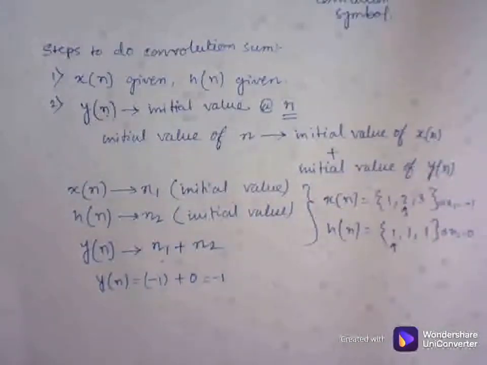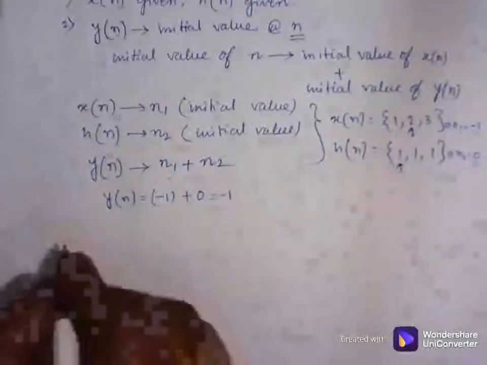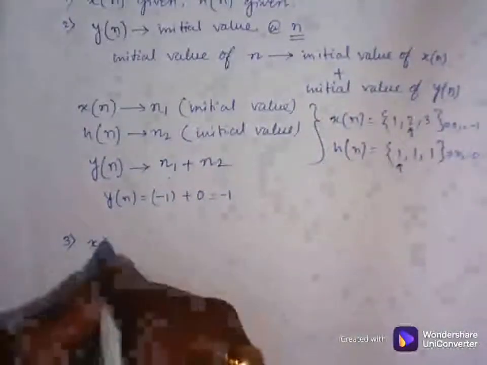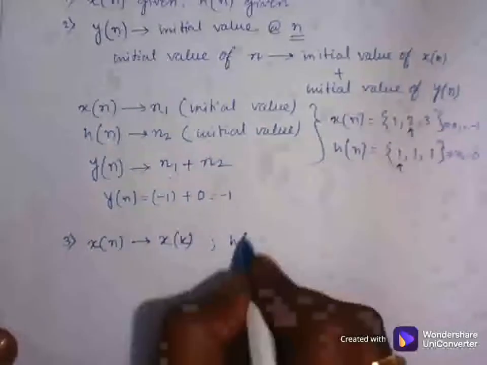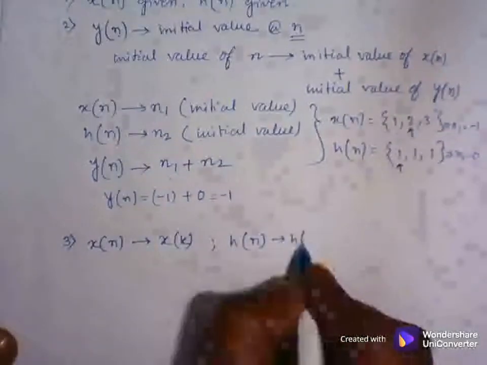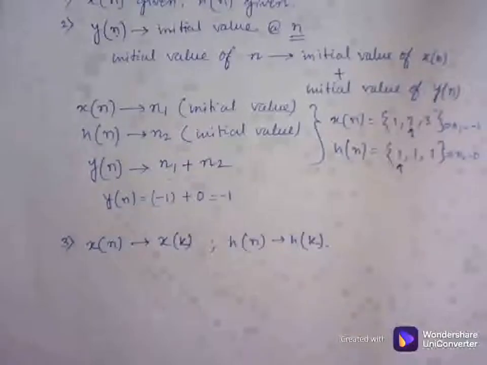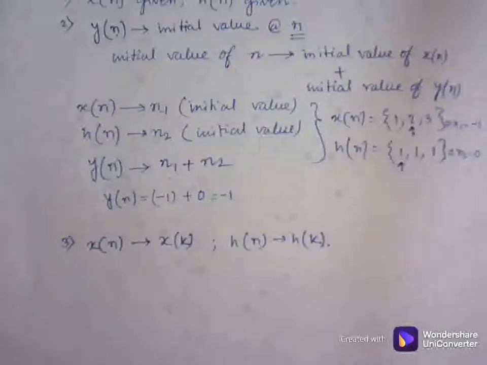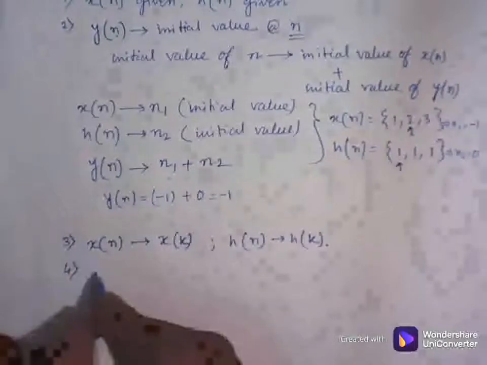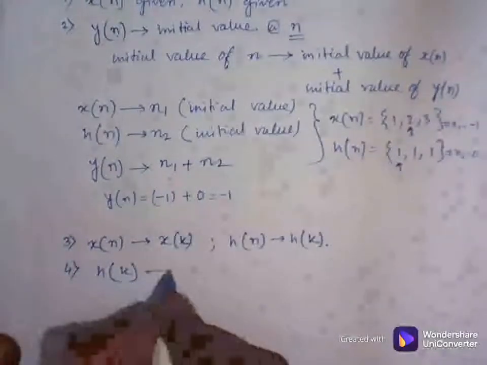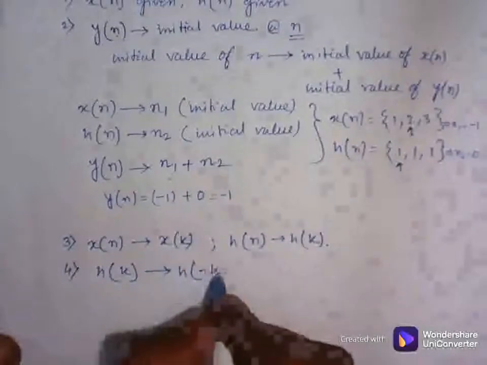The third step is to represent x of n as x of k as well as h of n as h of k. That means both signals or both sequences are represented in terms of k. K is the index, k is the same as n. Next, fold the signal h of k to h of minus k.